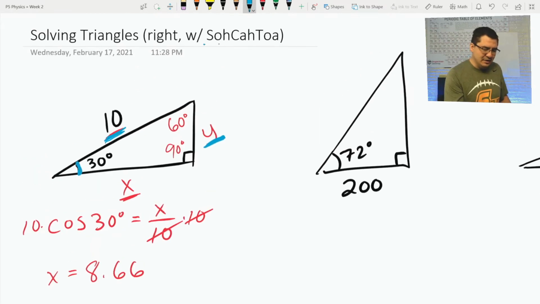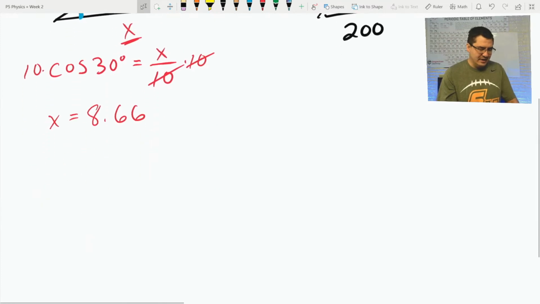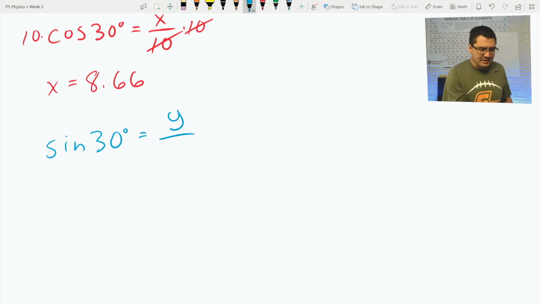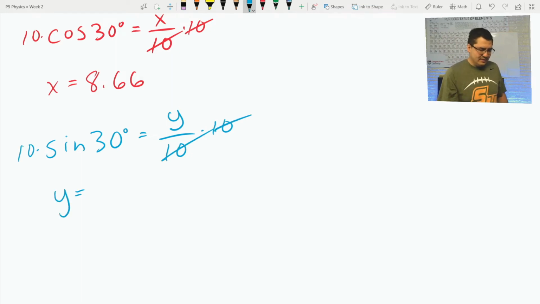Opposite and hypotenuse, the sine relates those two sides of a triangle. So I can use a similar statement and say sine of the angle is equal to the opposite side over the hypotenuse. Multiply by 10 to solve for y. Those cancel. I get y equals 10 sine 30.